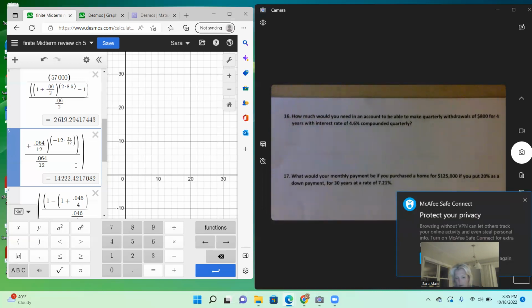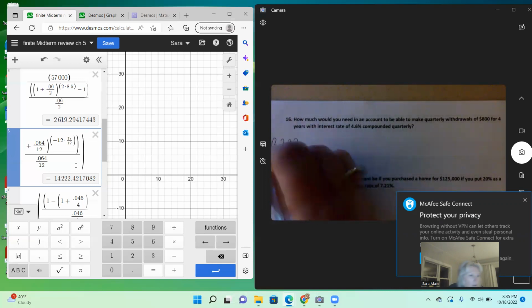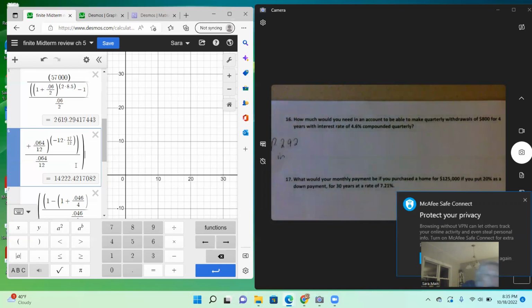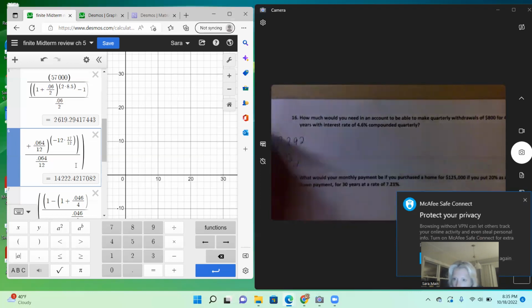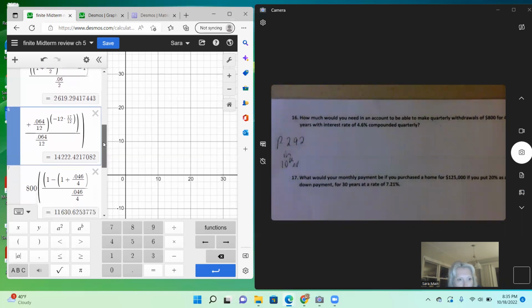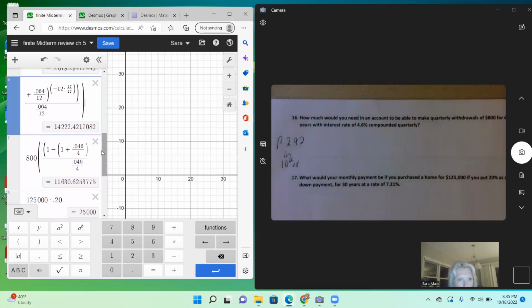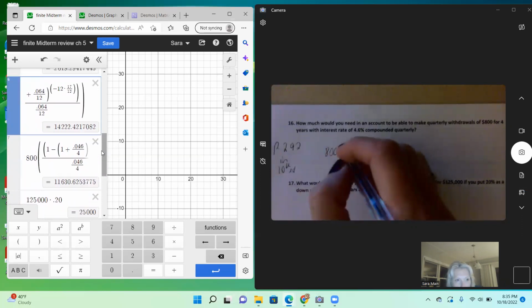quarterly withdrawals to myself? And so the formulas that I've been using are on page 292 in the 10th edition, for those watching. So interest rate is 4.6% compounding quarterly, and we're going to make $800 withdrawals.